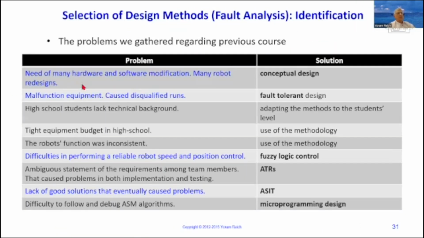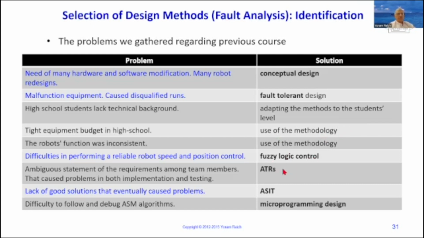Some of the problems that we identified from previous courses or previous robots are listed here, and we came up with solutions. We need to teach conceptual design. We need to teach fault tolerance, to adapt the method to the student level, to make students use the methodology that we will teach them.